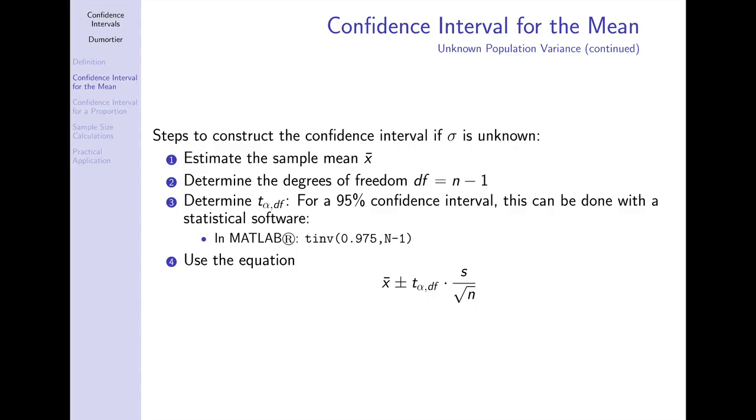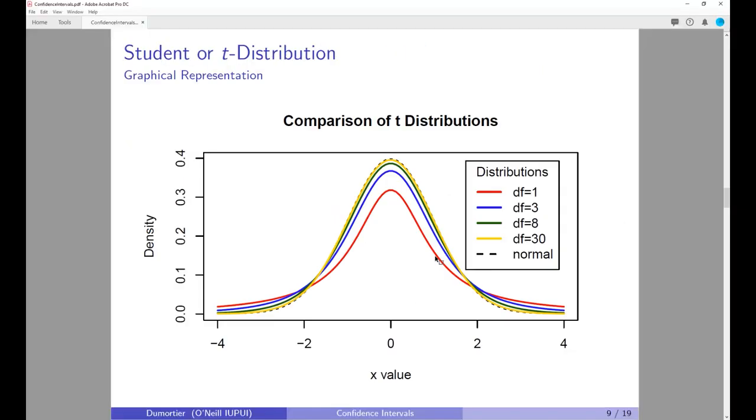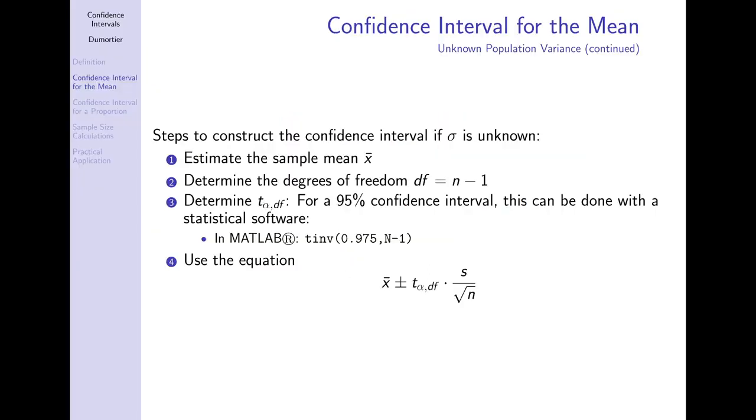Okay? So note, if you remember from the previous slides, if your sample size gets very small, then you're having more and more area in the tail, and this t-value that you are using to construct the confidence interval is expanding.